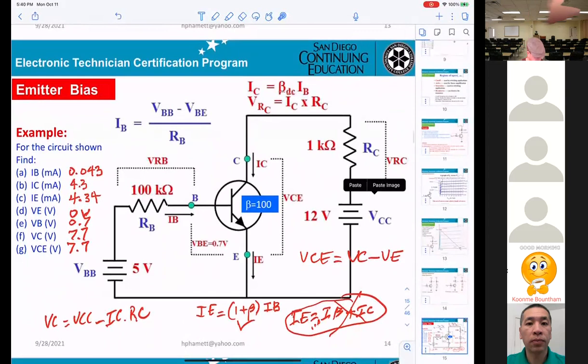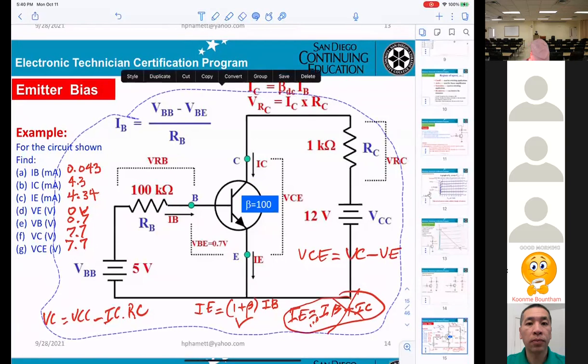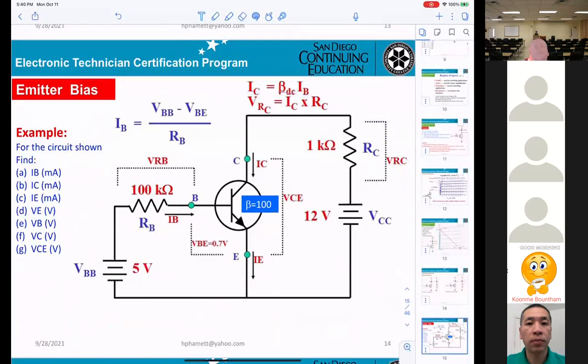This circuitry we already calculated last time. If you are still confused, then let me know. Otherwise, you're supposed to know how, but that is not a practical circuitry being used.